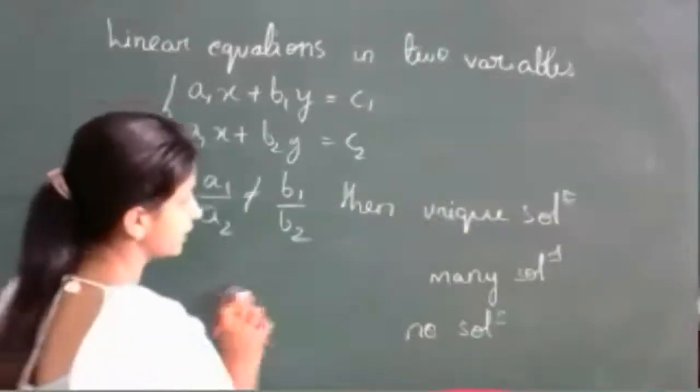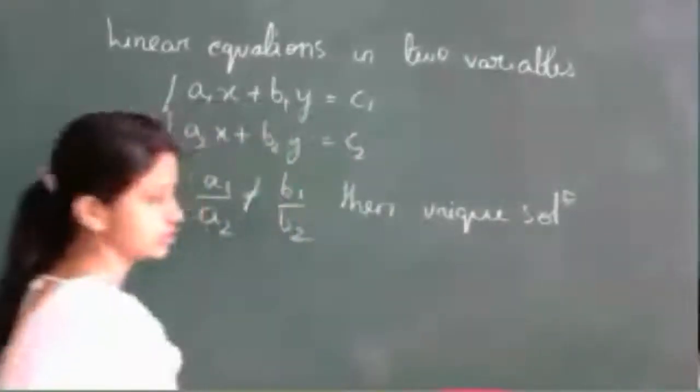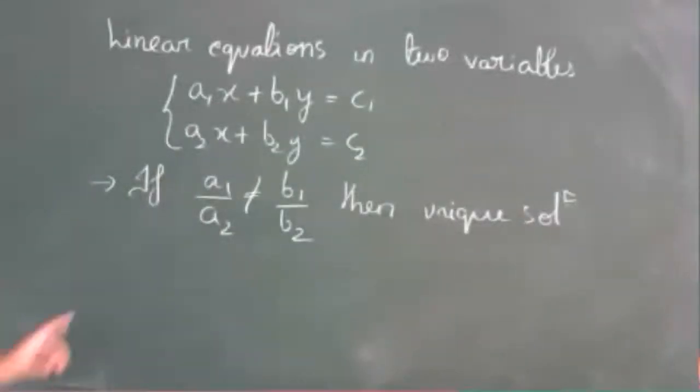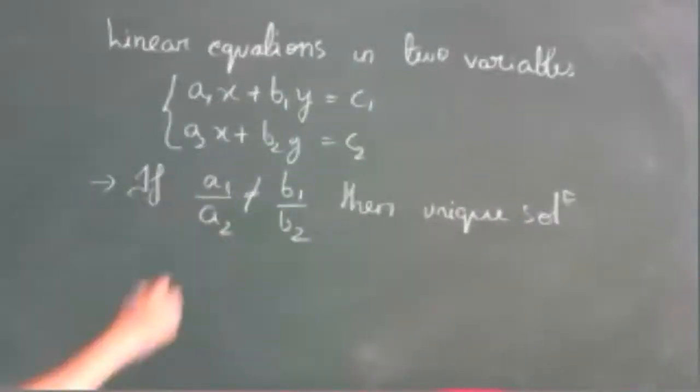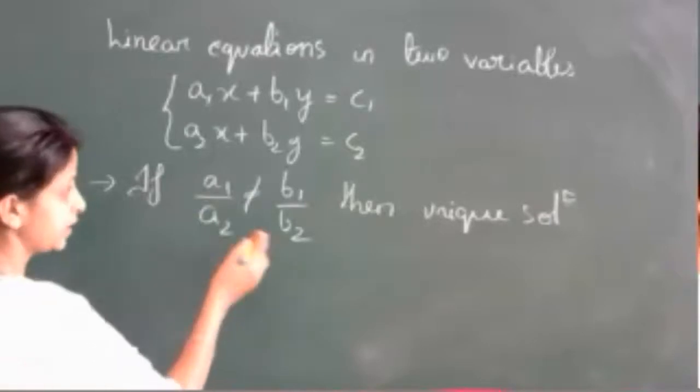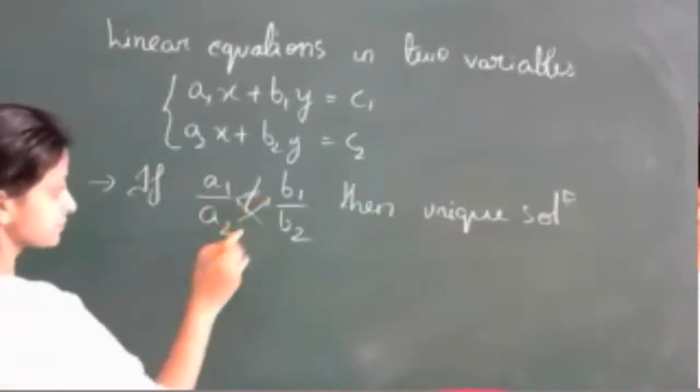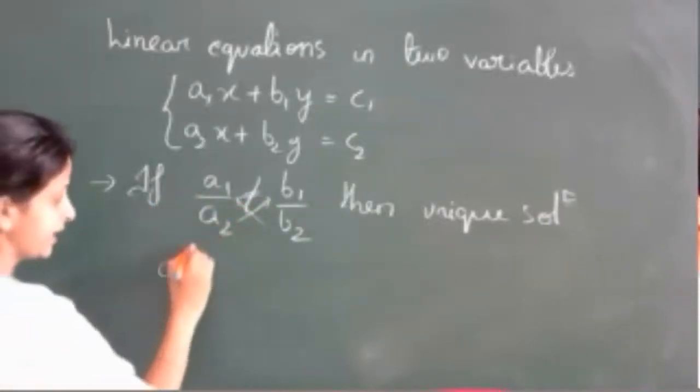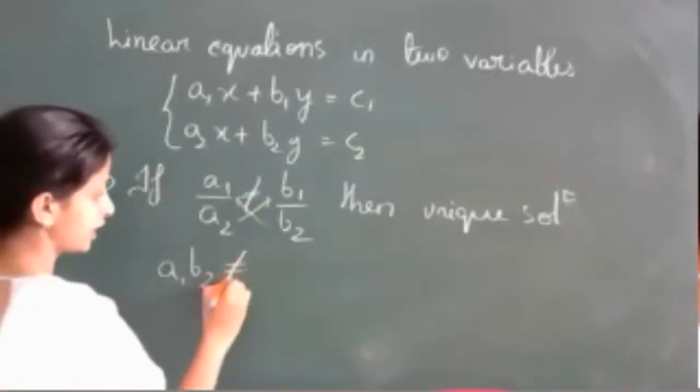Now, if I consider this first case where the system of linear equations will have a unique solution, I can write this by cross multiplying: a1 b2 is not equal to a2 b1. I can also write it as a1 b2 minus a2 b1 is not equal to 0, since we just took this term to the other side.